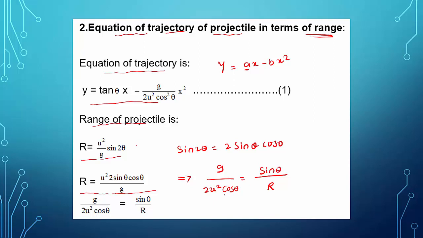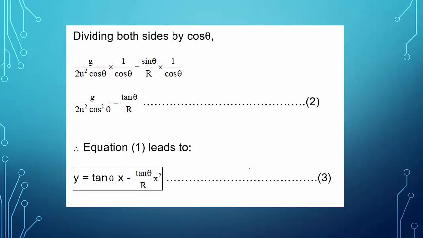I rewrite this equation, g by 2u square cos theta is equal to sin theta divided by r. Now let us divide by cos theta on both the sides. See here, 1 by cos theta, 1 by cos theta. So I am going to rewrite this equation. G divided by 2u square cos theta into cos theta is cos square theta is equal to sin by cos is tan. So tan theta divided by r. Let us take it as equation 2.